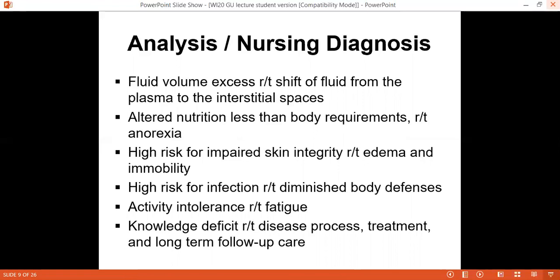We'll talk about altered nutrition, less than body requirements related to anorexia, high risk for impaired skin integrity related to edema and immobility, high risk for infection related to diminished body defenses, activity intolerance related to fatigue, and then knowledge deficit related to the disease process, treatment, and long-term care follow-up.